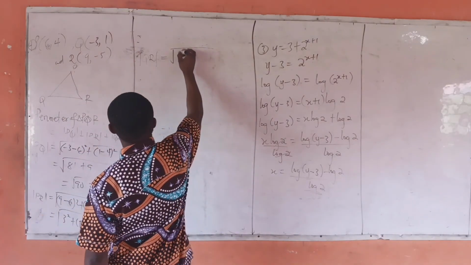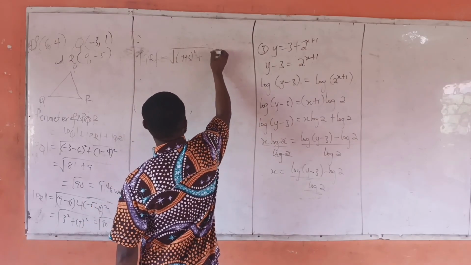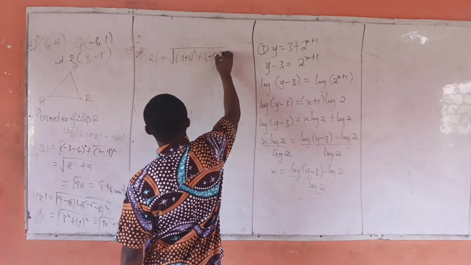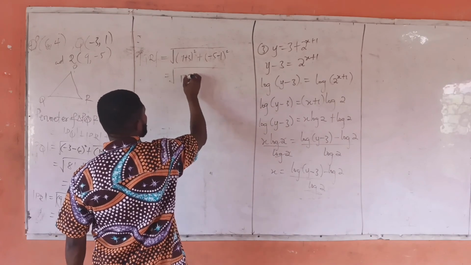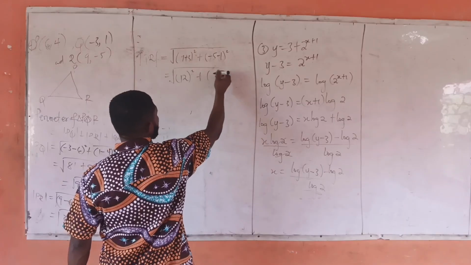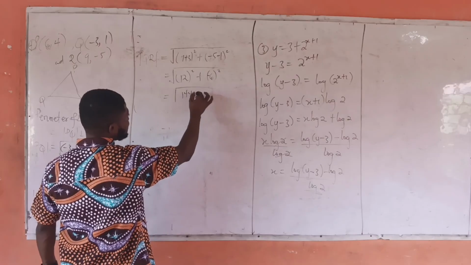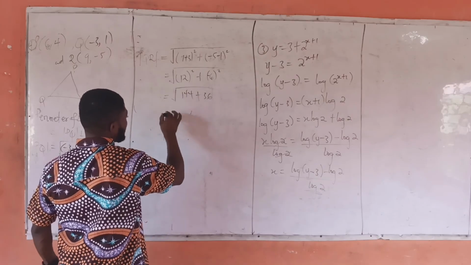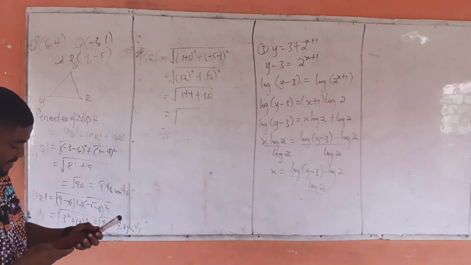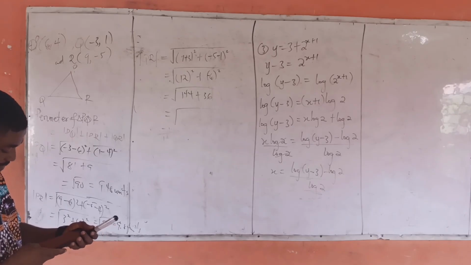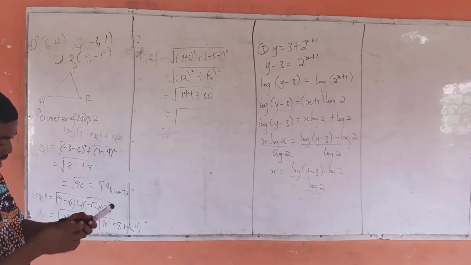Root of 12 squared, 6 squared, 144, 36. That should be 180, if I'm not mistaken. 144 plus 36, 180.